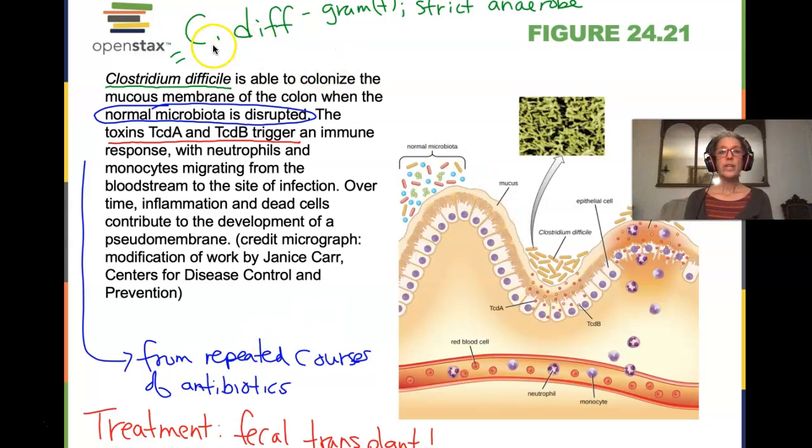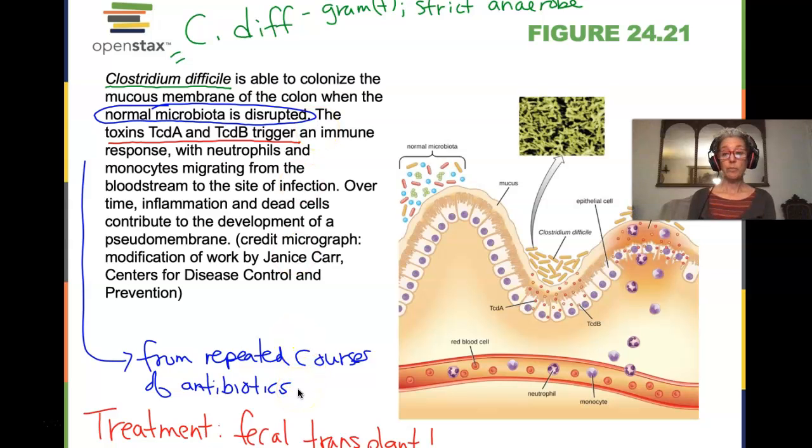C. diff is the abbreviation for Clostridium difficile, which Clostridium are all gram-positive, and they're strict anaerobes. And difficile is the Latin word for difficult. It is difficult to get rid of. It typically happens in the colon when the normal microbiota has been disrupted.